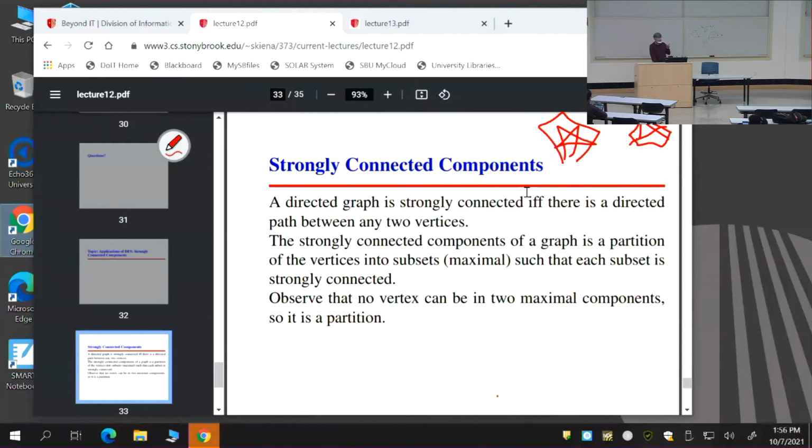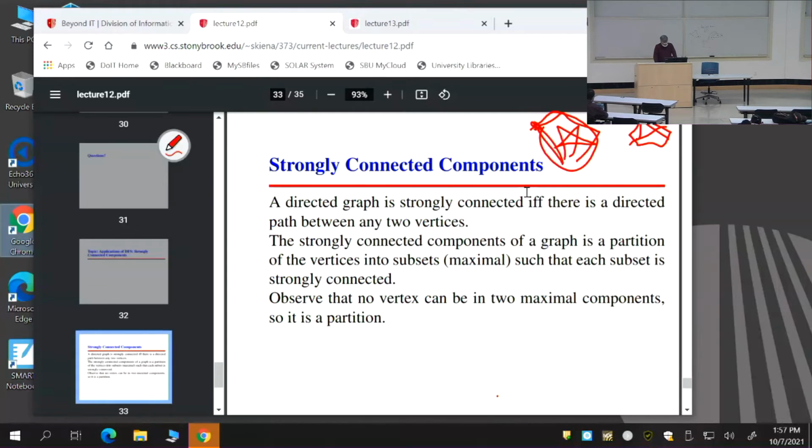And we saw how to find that in an undirected graph world: you just started a depth first search from here and discovered what could be discovered. Anything in an undirected graph component you could discover from doing a search, and that was how you found connected components in an undirected graph.